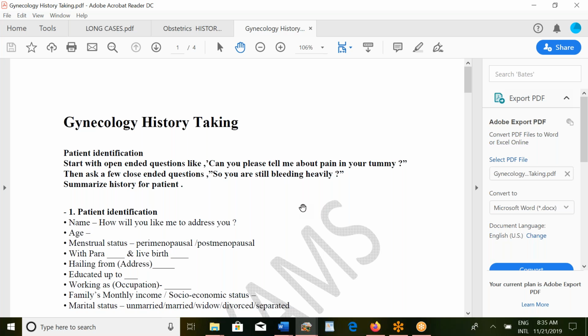There is also a risk of third and fourth degree tears, and postpartum hemorrhage is also high. But the benefits of vaginal breech delivery are no long-term morbidity and quick recovery.